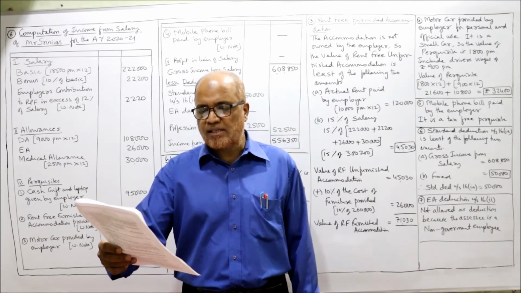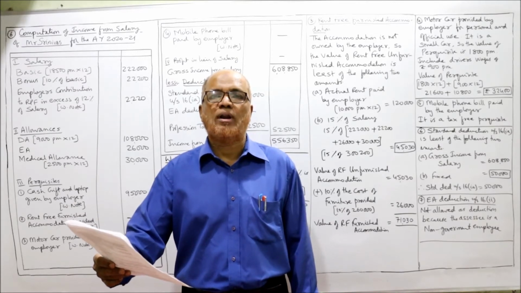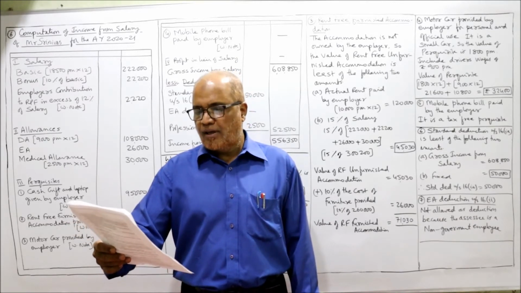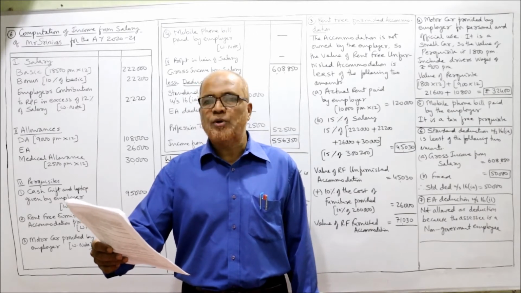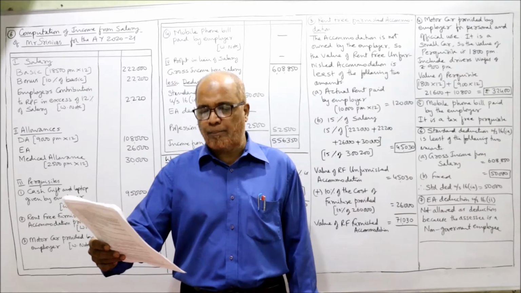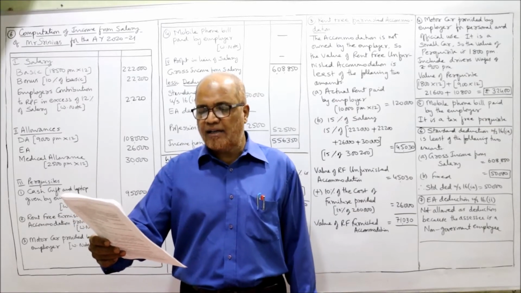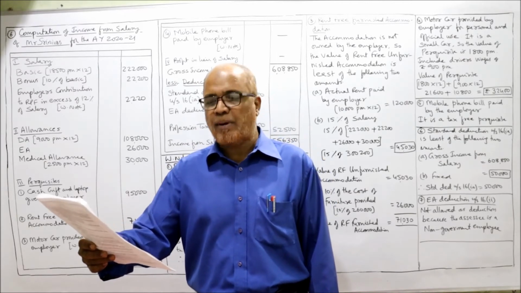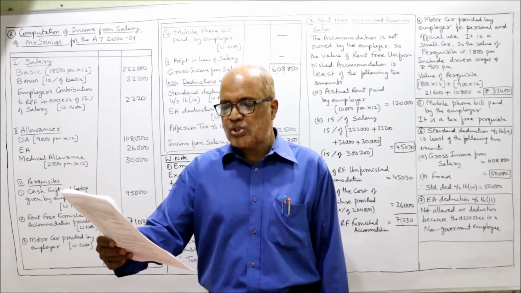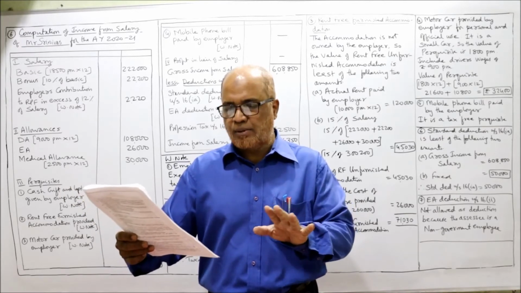Mr. Srinivas is working in ABC Limited. So first of all, he is a non-government employee. His salary income particulars are as under, compute income from salary. Basic salary 18,500 per month and DA 9,000 per month, entertainment allowance 26,000 per annum, and medical allowance 2,500 per month. Remember, DA is fully taxable.